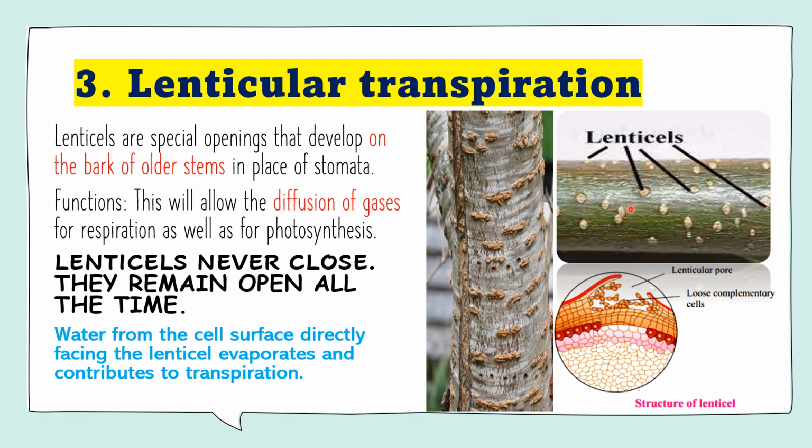Here you can see the lenticel. Instead of stomata, what is there in the older stems? Lenticels are there. These are special openings that develop on the bark of older stems. What are the functions of these lenticels?